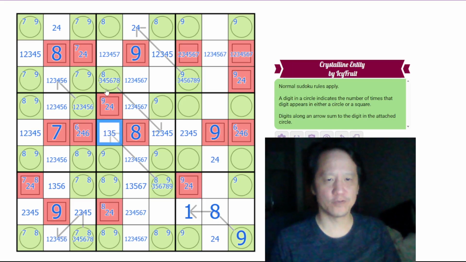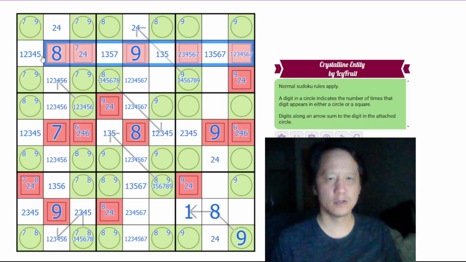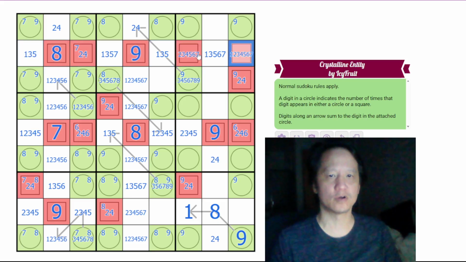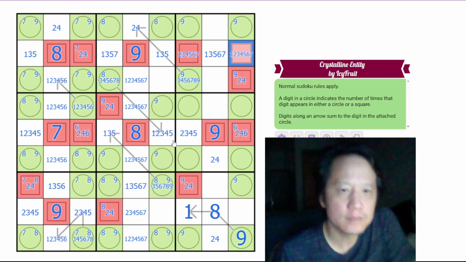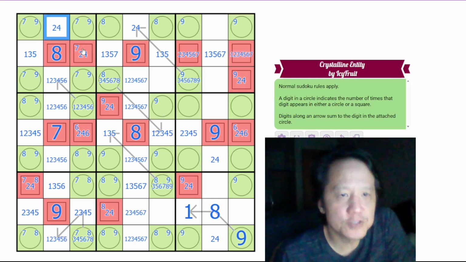This can't be 2 or 4 here or here, because one of these two has to be a 2 or 4. This 2, 4, 2, 4 pair.